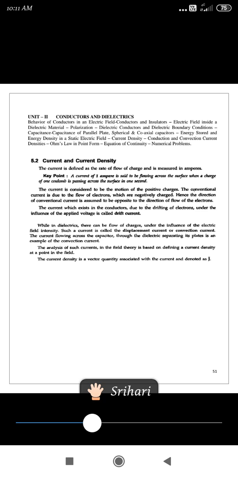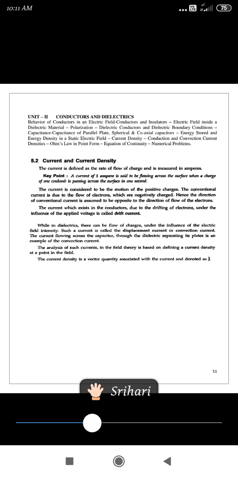We already know current is the free flow of electrons. The charge per unit time is called current. The free flow of electrons is called current. You can define it mathematically or in general words.